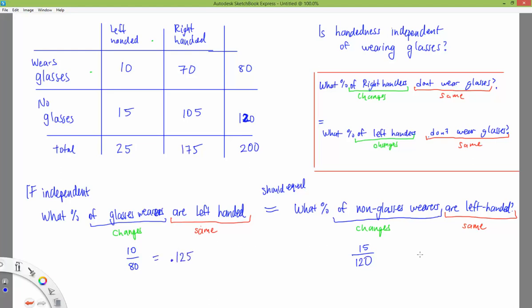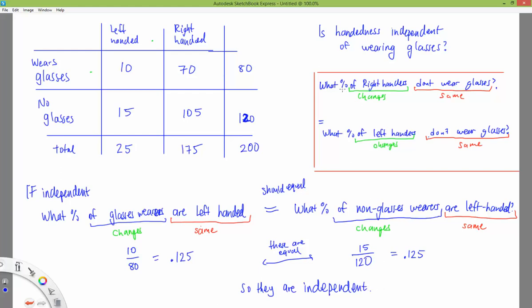They are equal, so that means they are independent.